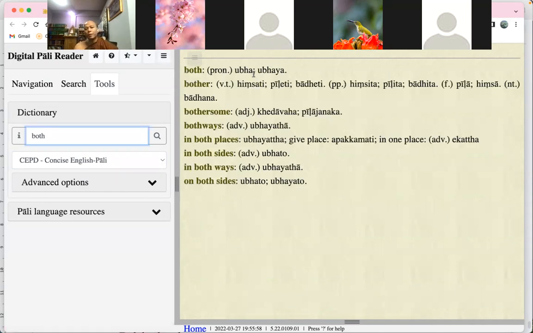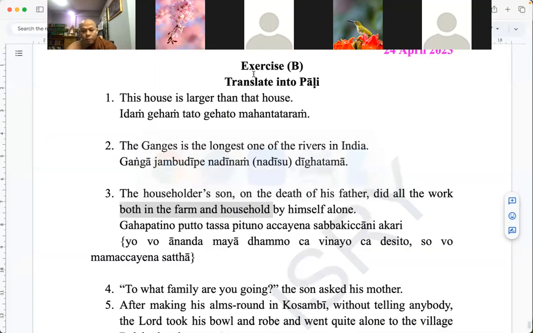Yeah. So uba or ubaya. So actually, this one is main verb and object. It should be the last one. So ubaye. So in the farm.